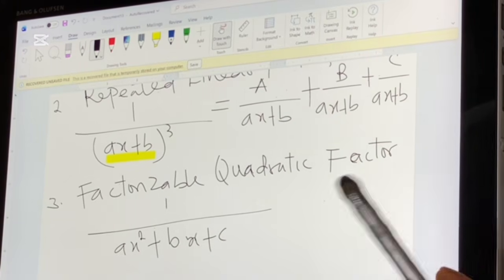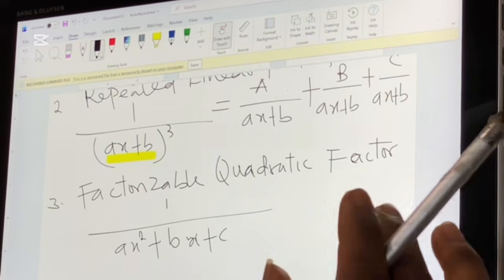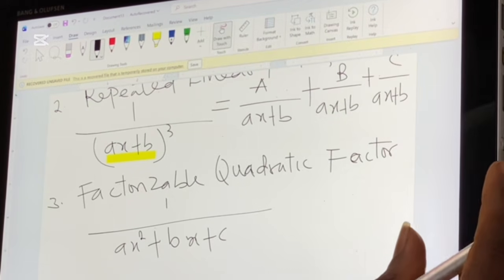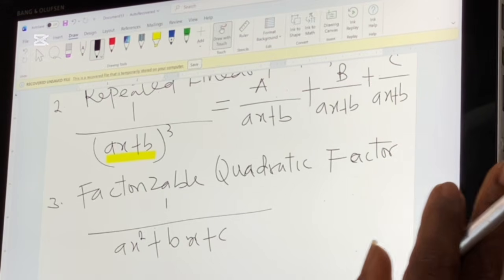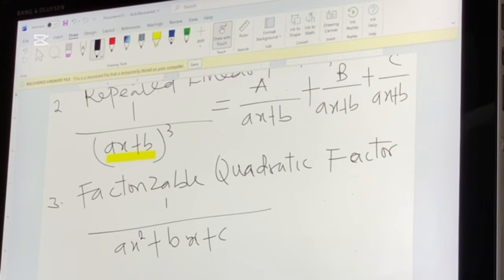Class, whenever you have a partial fraction that consists of only quadratic at the denominator, please listen to me carefully to understand what I'm saying, at that point we call that particular factor factorizable quadratic. But if other factors are attached to the quadratic, it will be non-factorizable quadratic.